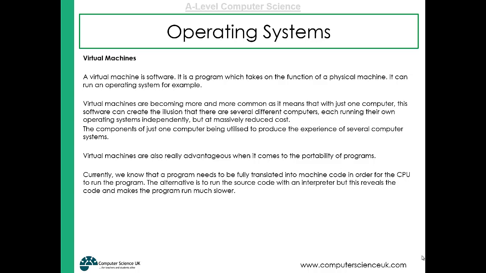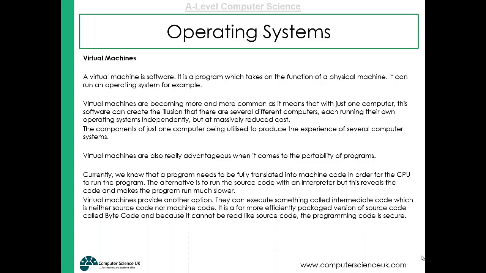An alternative, instead of compiling it into zeros and ones, as we learnt from GCSE, is that you could run the source code with an interpreter. The interpreter will read each line of code, execute it, read another line of code, execute it. But this reveals the code, and the programs run much slower.